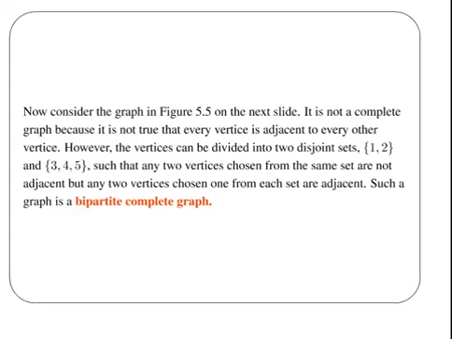So it's not a complete graph because, although every vertex in one group is adjacent to the vertices of the other group, they are divided into two disjoint groups. So as I had it there earlier, 1 and 2 and 3, 4, and 5, A and B. Any two vertices chosen from the same set are not adjacent, they're not connected, but any two vertices chosen one from each set are adjacent, they are connected.